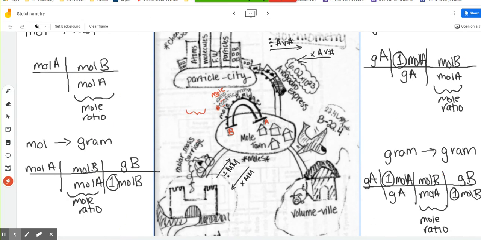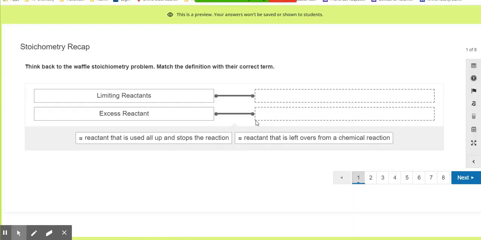All right, so let's go straight over to that assignment because I know you guys are waiting on me. We are on number 1, so go ahead and have it open. Think back to waffle stoichiometry. Match the definition with the correct terms. Waffle stoichiometry was when we had the recipe of the waffle, we had eggs, milk, all that good stuff.